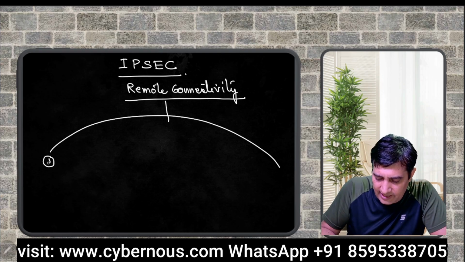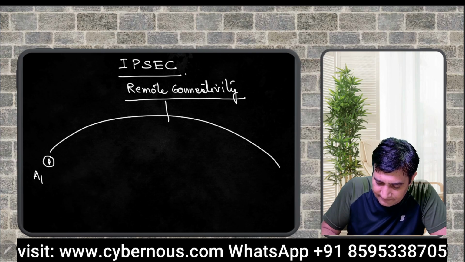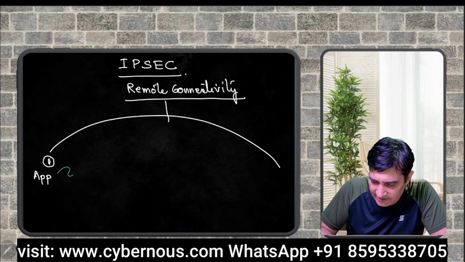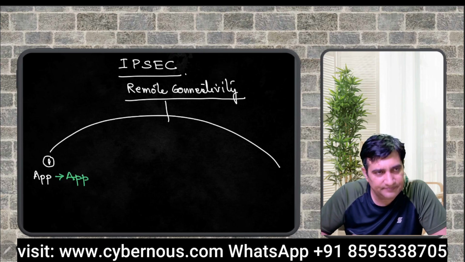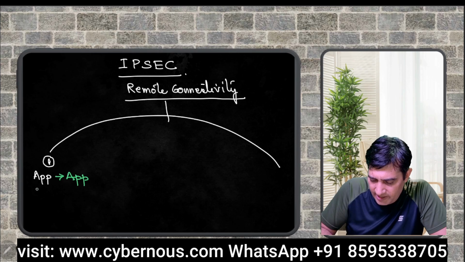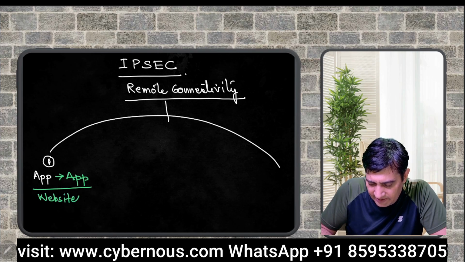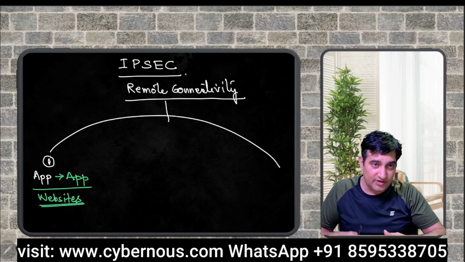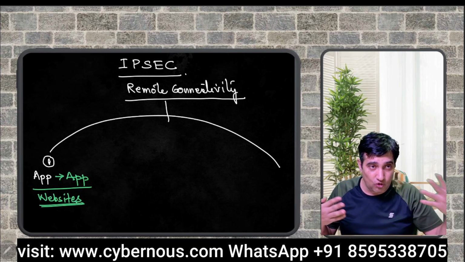So in that kind of case, you have an application called your browser, or maybe some other application, and you are using it to connect with another application. Mostly examples might be websites. In those cases, we need to make sure that whatever transaction is happening between you and the server is always secure.